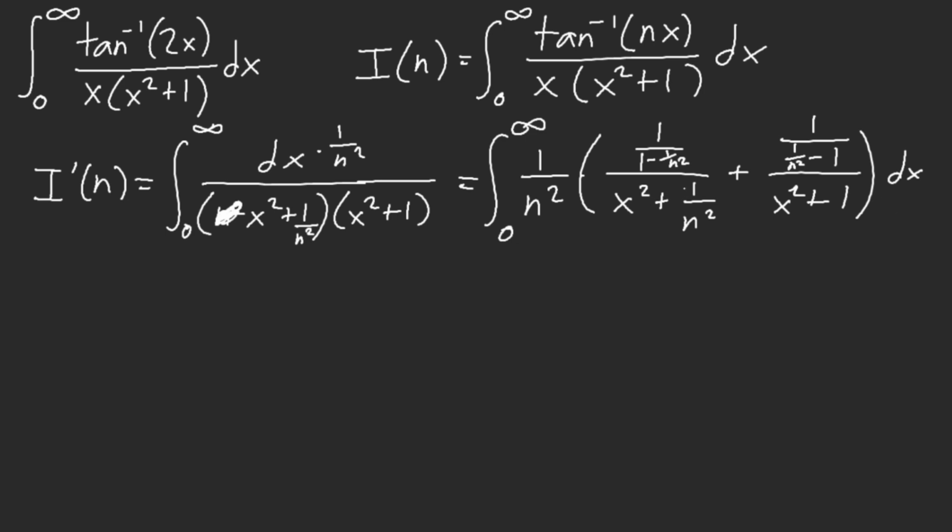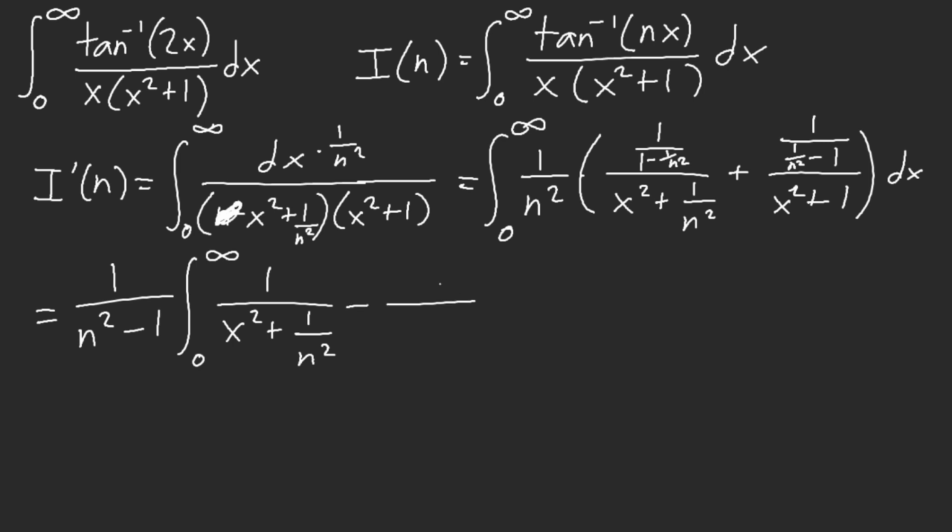Okay. So now this is what we have. Awesome. You can go ahead and, if you want, multiply by n squared. Just for the sake of time, when you do all the algebra, you should get 1 over n squared minus 1, from 0 to infinity. It should be possible to factor that out, so you should be left with 1 over x squared plus 1 over n squared, minus 1 over x squared plus 1.